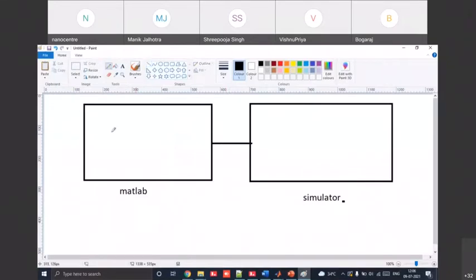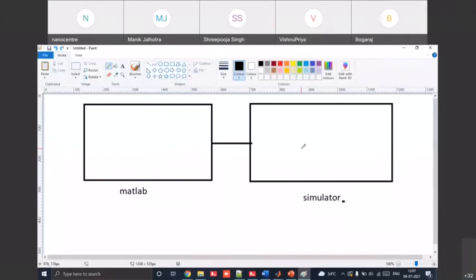Somewhere over here in MATLAB we have our model, and we need to transfer this information to the simulator. We want the offline MATLAB model we developed to run on the simulator.